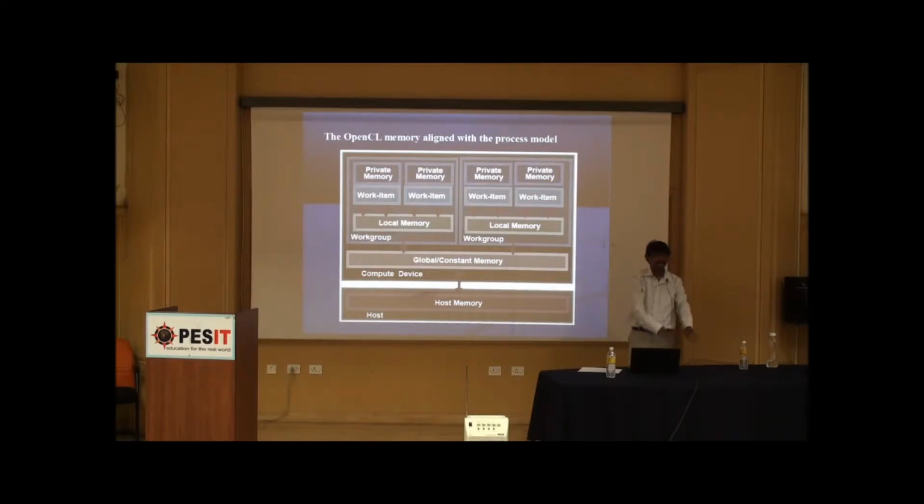The OpenCL process is categorized in exactly the same format. Here they call it ND space. ND is n-dimensional space, like a matrix format.